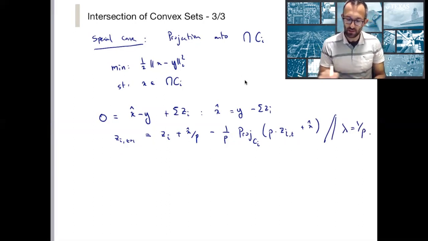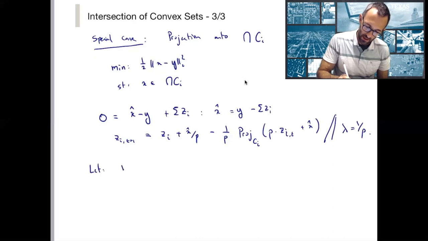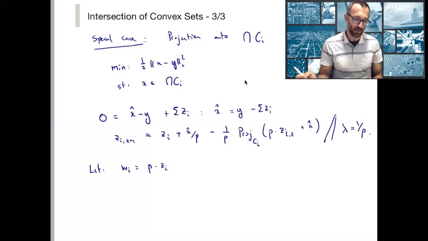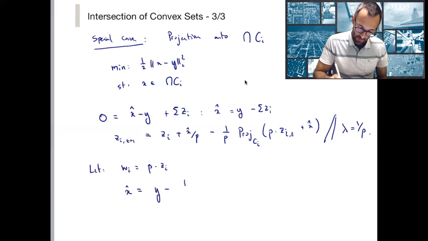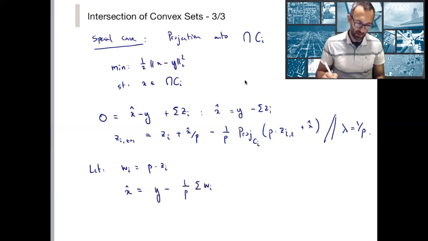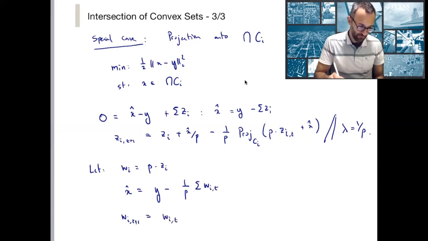A simple transformation to let us see this algorithm a little bit differently, perhaps a little more familiarly, is let's write wi as a scalar multiple p times zi, and then our algorithm of projecting onto the intersection of convex sets says let's let x hat equal y minus 1 over p times the sum of wi, where each wi, and there should be a t here, is updated as wit plus x hat minus the projection onto ci of wit plus x hat.